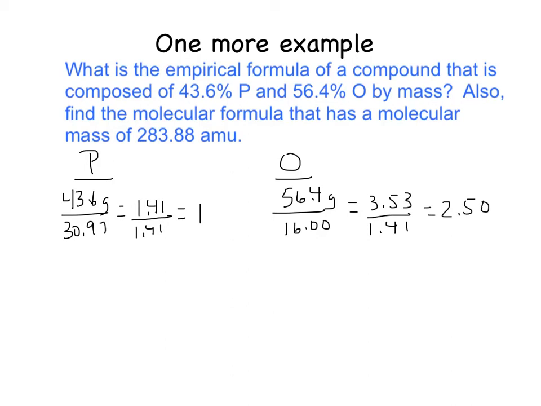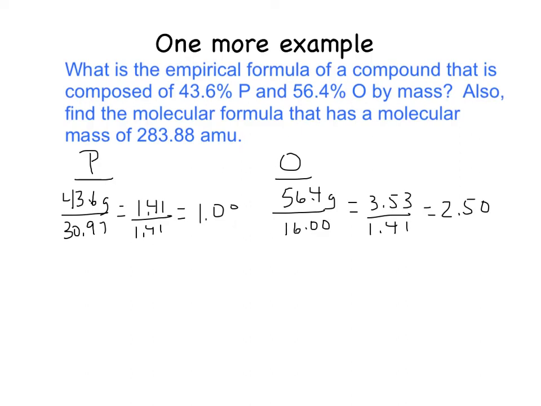That's my mole ratio, 1 P to every 2.50 O's. And so this one, I can't round right off. A tendency for a lot of students is they stop right here and say, oh, 1.41, well, that's around 1.5, and this is around 3.5. You have to make sure you're dividing by the smallest number, and then you get your answers here for the actual mole ratios. So this is 1 to 2.5.